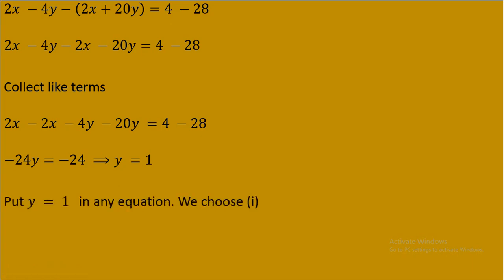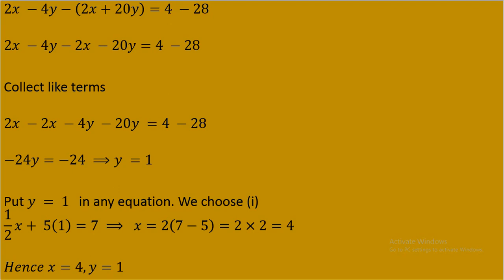Put y equals 1 in any of the equations. This time around, we choose equation 1. When you substitute y equals 1 into equation 1, you have 1 over 2x plus 5 open bracket 1 is equals to 7.